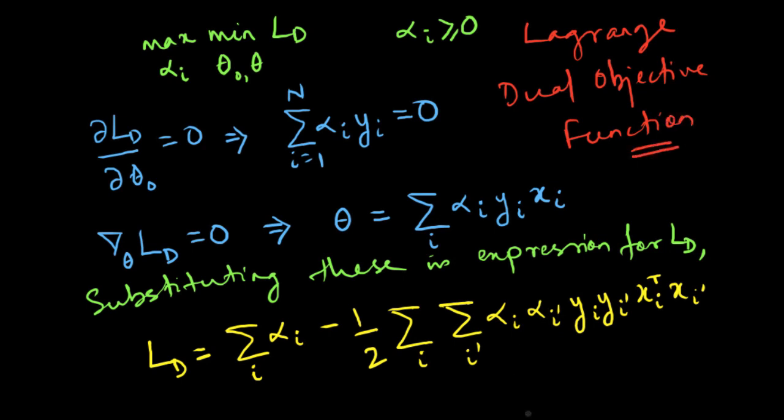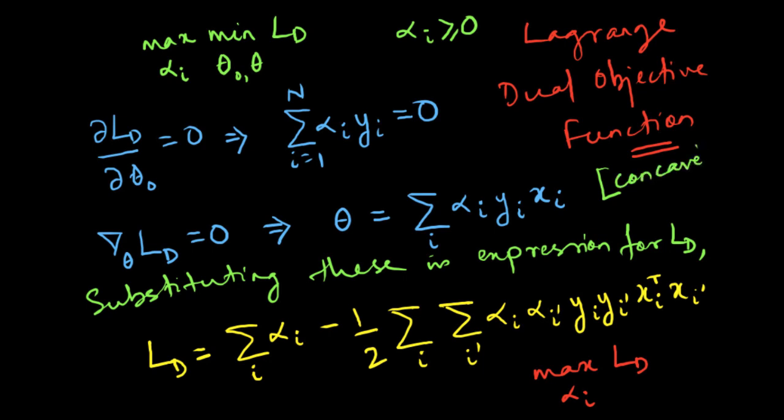And now your objective is to maximize this LD over alpha i. So find alpha i such that this Lagrange dual objective function is maximized. What can be shown is that this Lagrange dual objective function is concave.